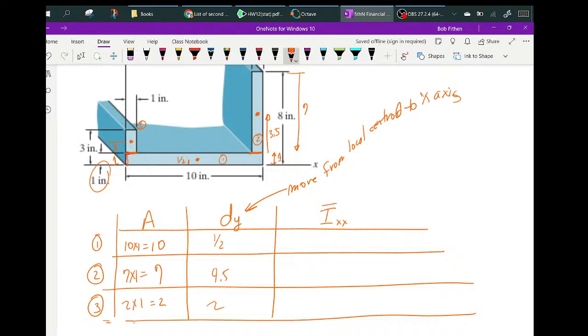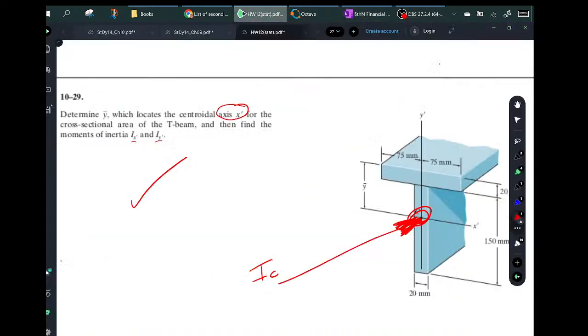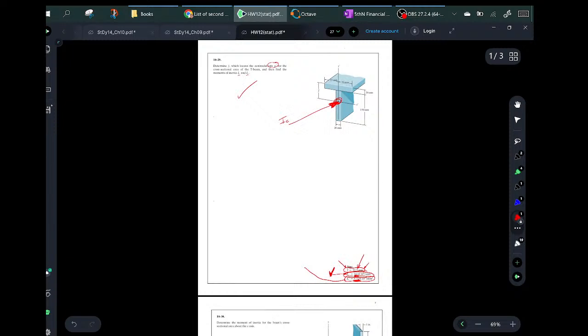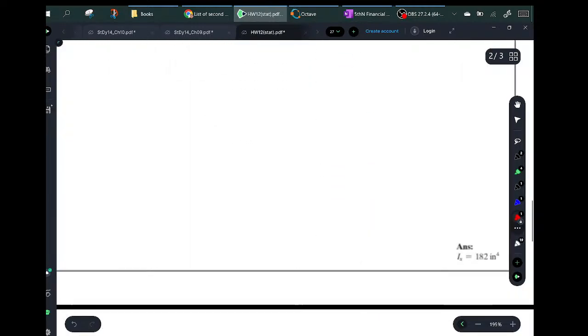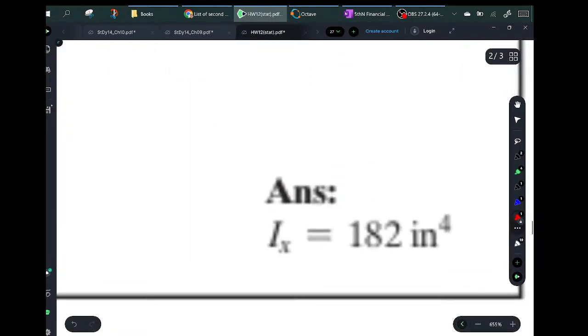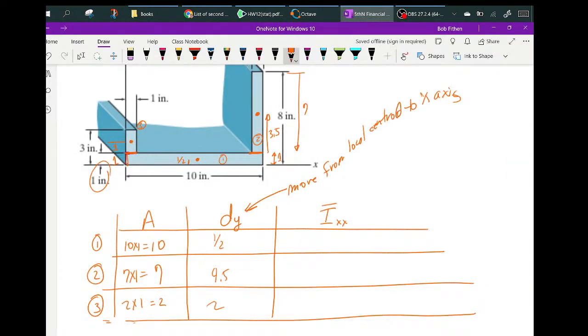Before I work any further, let me go back to this problem and say it really should be xx, but that's just me. Okay, so the centroid: 1/12 the base of 1, here's your base, 10 times height of 1 to the third is equal to 10/12.